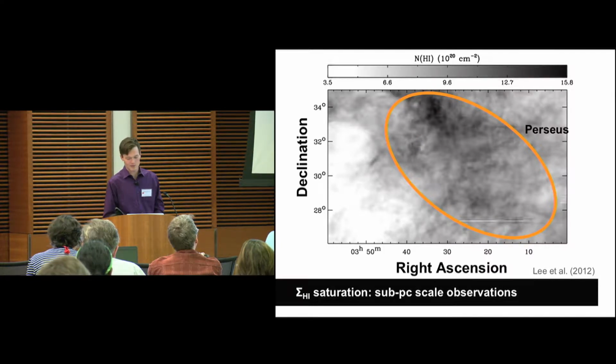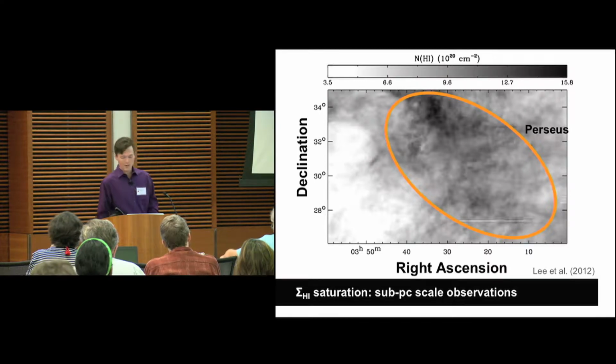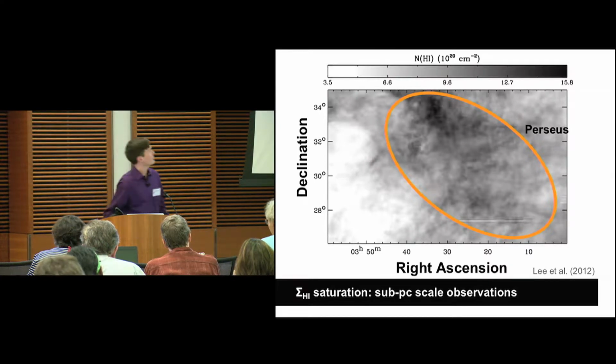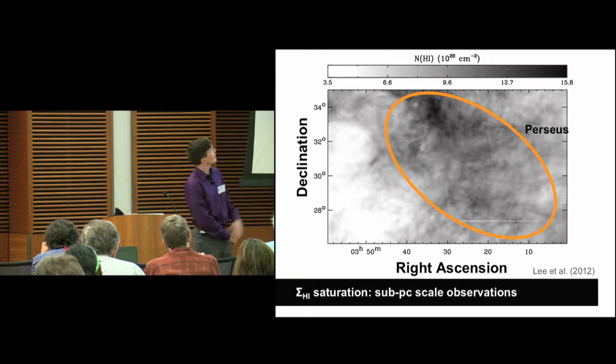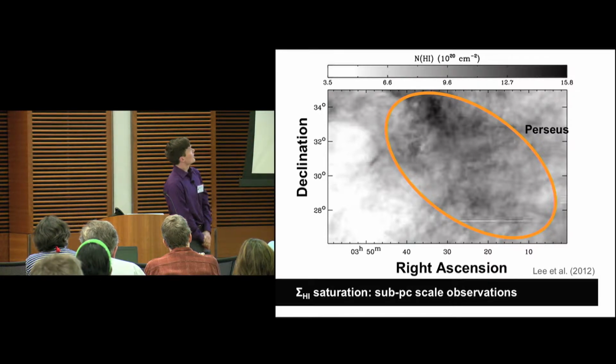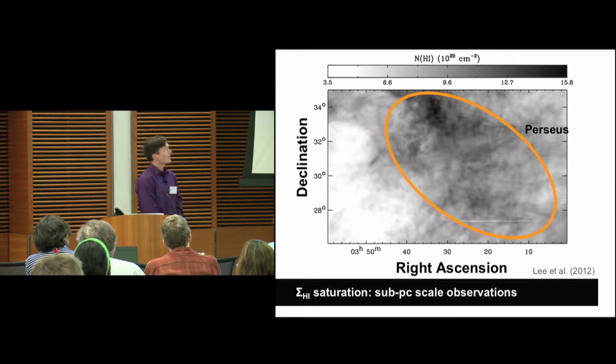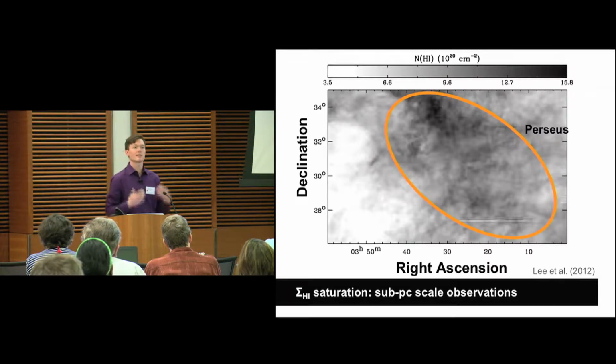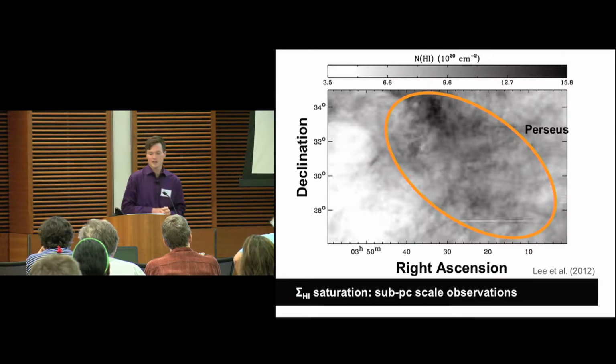Now this saturation in H1 surface density has also been seen in local clouds. This is an H1 column density map from Lee et al. 2012, who found a similar H1 surface density saturation on subparsec scales.